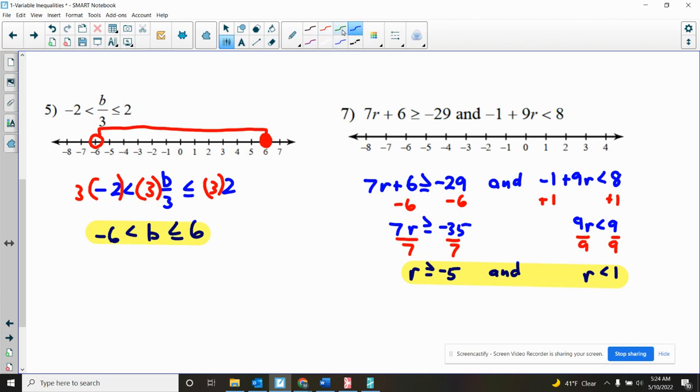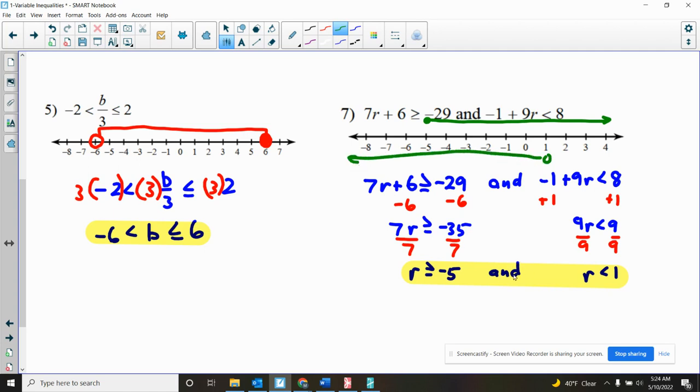To see what that would look like, let's see what our graph would be. Now, I'm going to do a tentative graph here in green, and then we'll put our final graph answer in red. So r greater than or equal to -5. That means at -5, I would have a closed circle that goes to the right. R less than 1. That means that at 1, I would have an open circle that goes to the left.